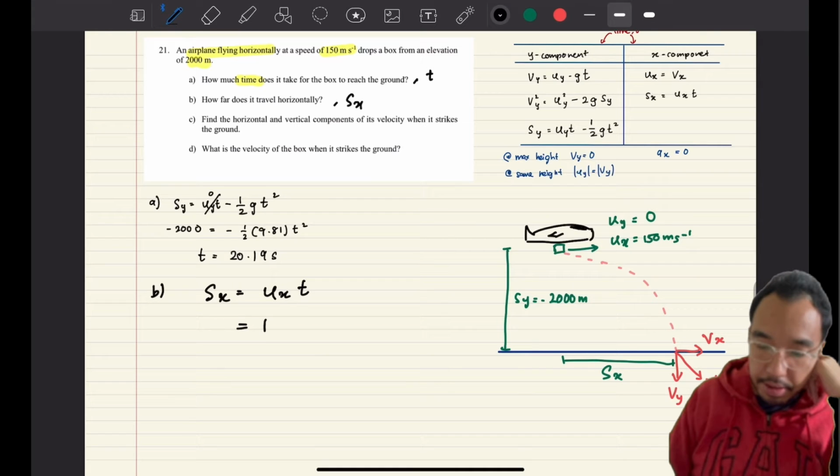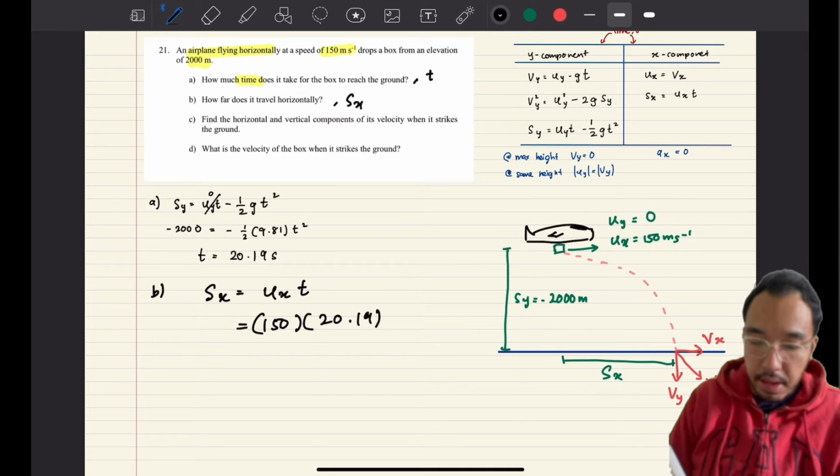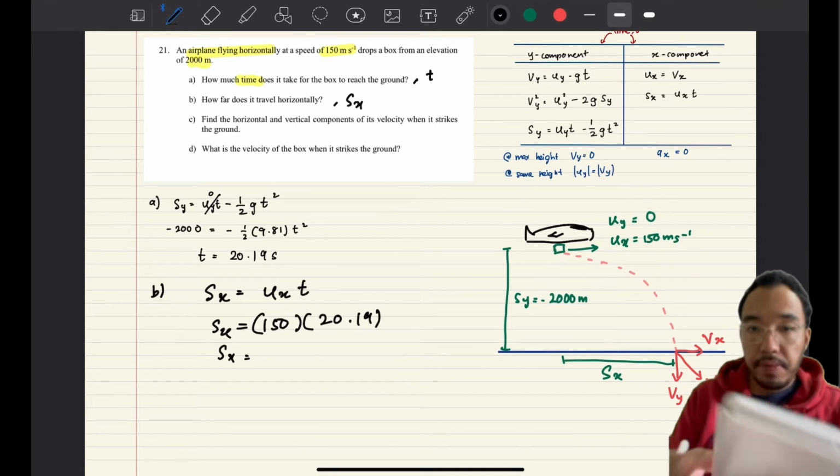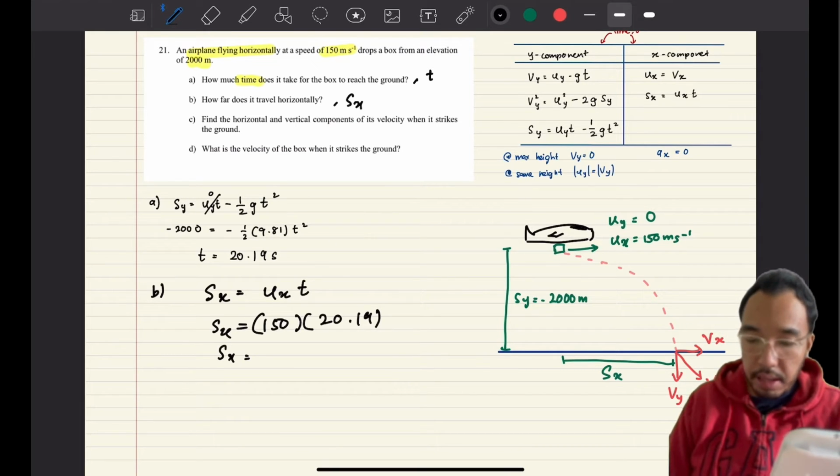Since ux is 150 meter per second and t equals 20.19, your sx will be 3028.5. This is in SI unit, so the final answer will be in SI unit as well.